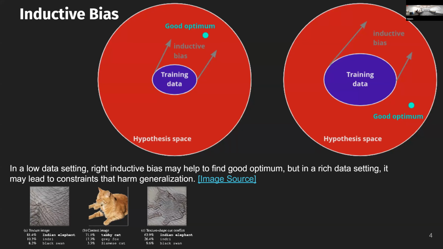Particularly, a note here is this notion of inductive bias that emerges in all sorts of ML models. Inductive bias describes the way that your model will potentially generalize beyond your training data.